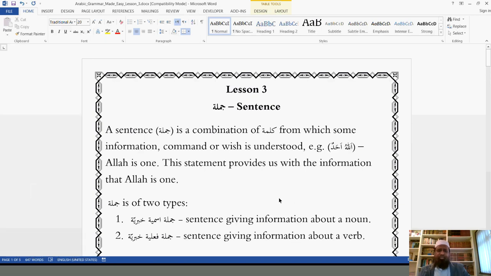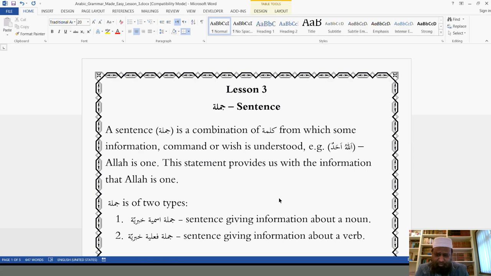Today's lesson, lesson number 3, Jumla, sentence. So a sentence in Arabic is called a Jumla or Jumlatun. Every ism, the default I'rab is Dhammatain, so we can put this in Halatul Rafa and say Jumlatun. A sentence, a Jumla, is a combination of kalima.